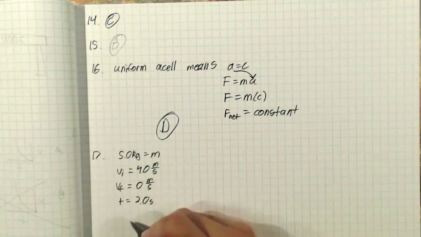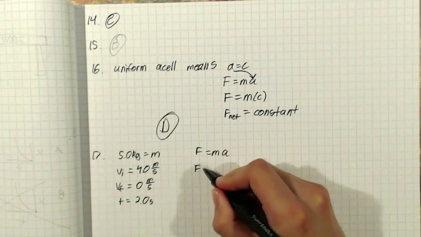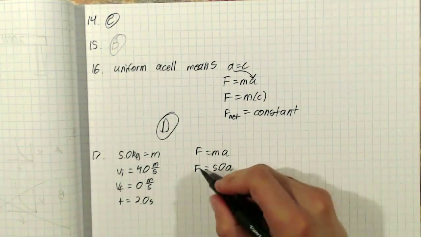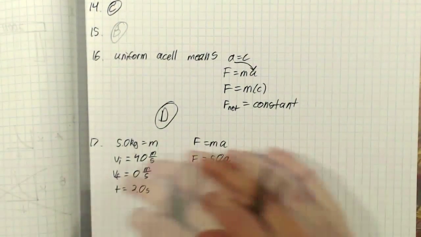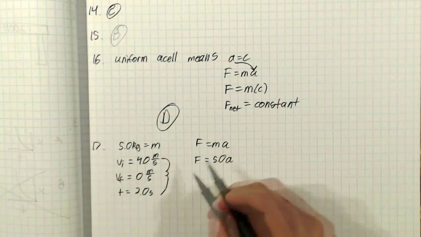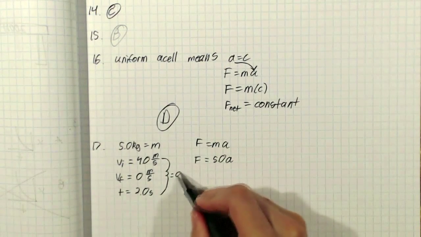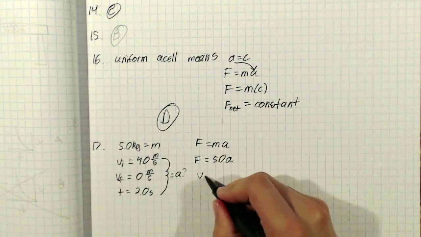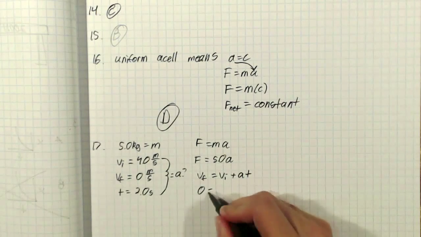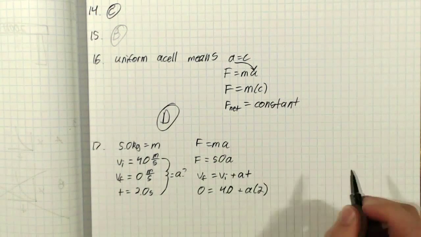Okay, so we know that force equals mass times acceleration. We have our mass, and we're looking for force. To find our force, we need to find our acceleration, and to find our acceleration, we're going to have to use kinematics given this information. So what equation uses these three variables to find acceleration? We're going to use v final equals v initial plus at. So 0 equals 4 plus a times 2.